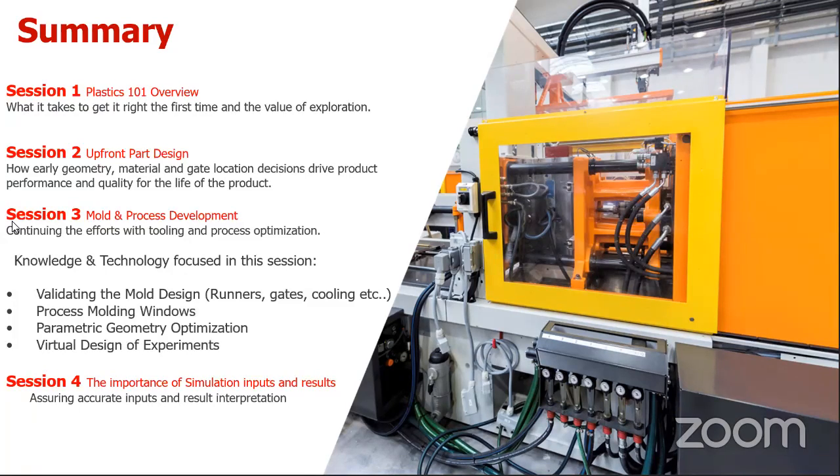Now, again, we did talk a little bit about materials as well. Overall, though, it's really hard to divorce these from each other, right? Just to separate all of them. So a lot of the principles that we saw with part design, we are going to use in session 3.